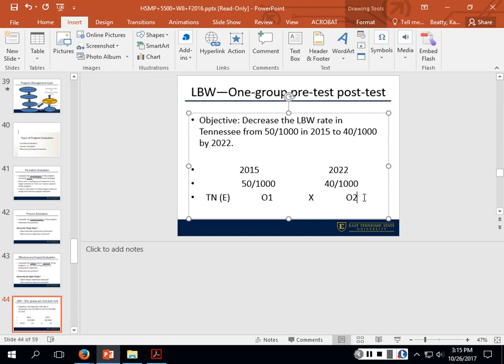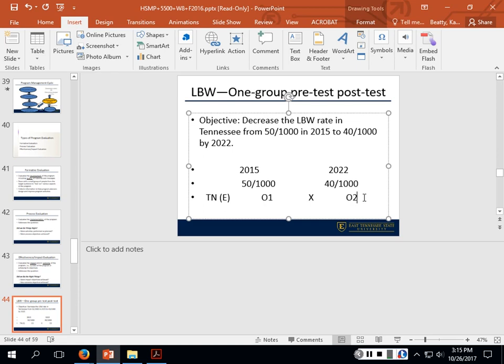So you need to know what the different designs are, and what are the pros and cons of each, so you can select the ones most appropriate for your context and your objectives.